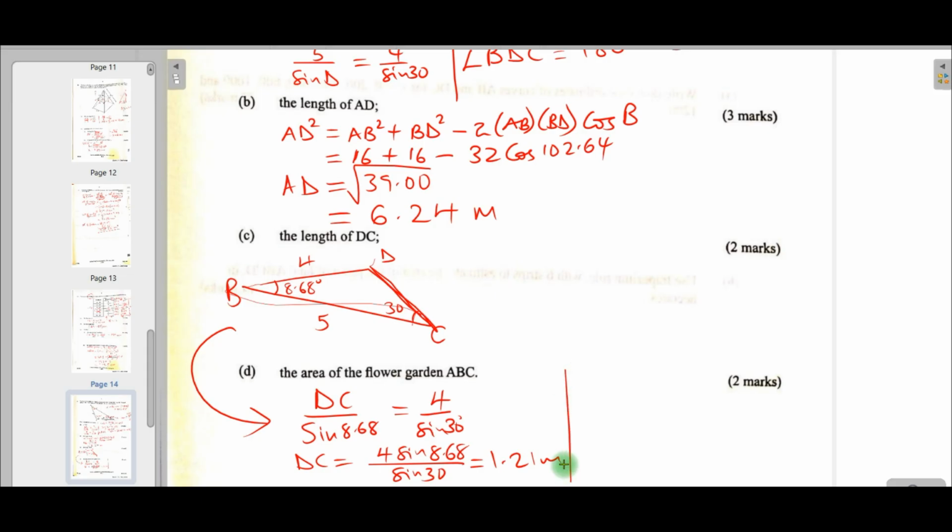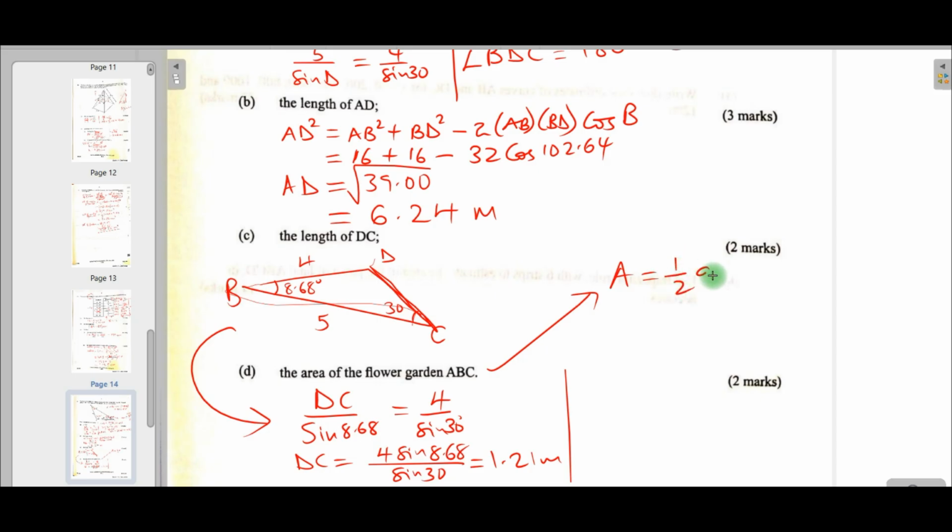And later, part D, we find the area of the flower garden ABC. To get the area of the flower garden, the area will be given by half a b sine theta.